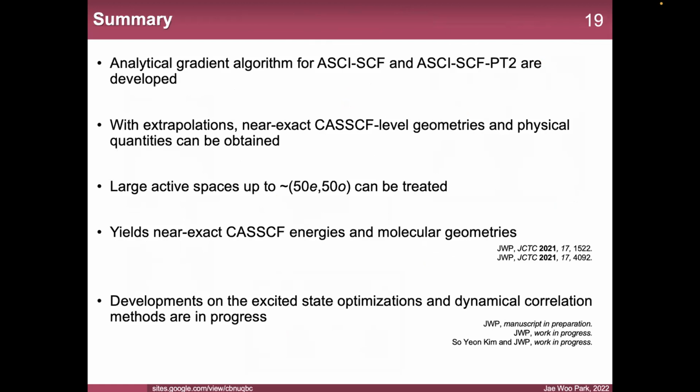And I think I developed it for ASCI, but this can be expanded to all the SCI algorithms, and with extrapolations, near exact CASSCF level geometries and physical quantities like the number of unpaired electrons can be obtained, and the active space can be as large as 50 electrons in 50 orbitals.